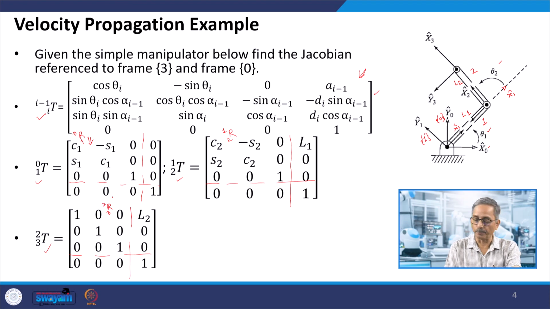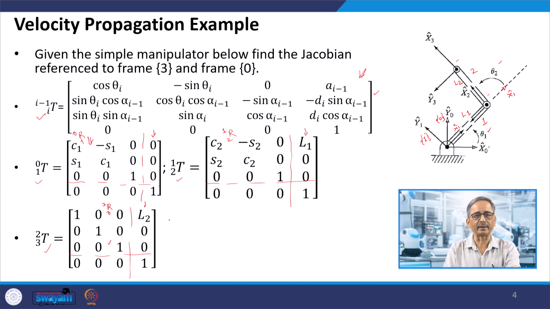Now you see, since frame 3 and frame 2 are on the same link, their orientations are going to be the same, so I have the identity matrix over here. Frame 1 and frame 0 are coinciding, so the position vector here is all 0 0 0, and this position vector in the x1 direction represents the first link length, and here this represents the second link length.